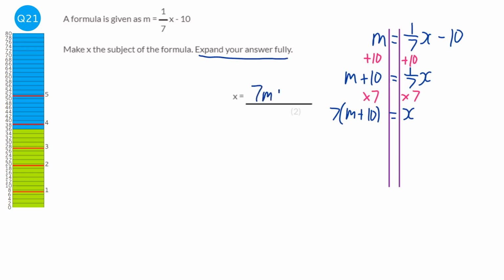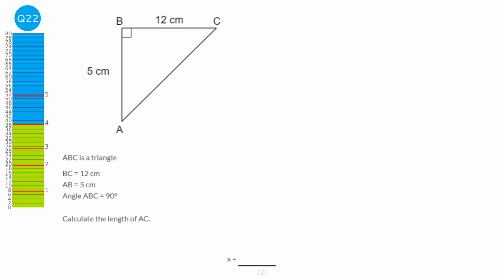7m plus 70. So Pythagoras says that a squared plus b squared equals c squared, and the c is the one opposite the right angle.